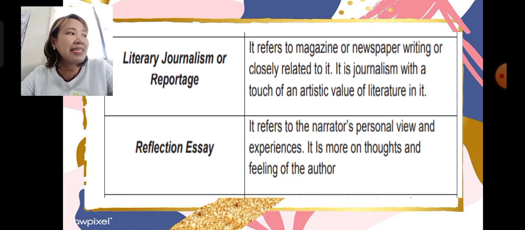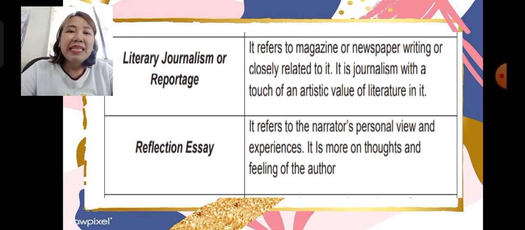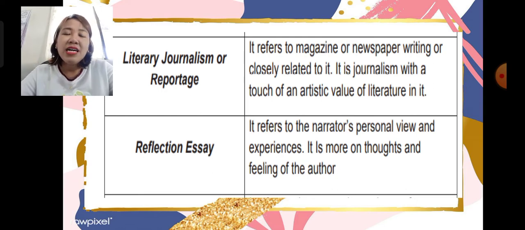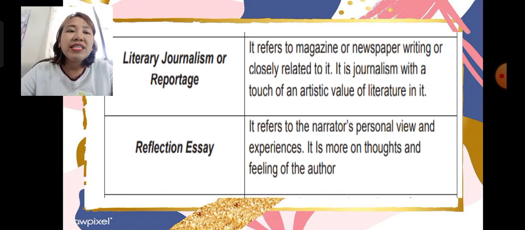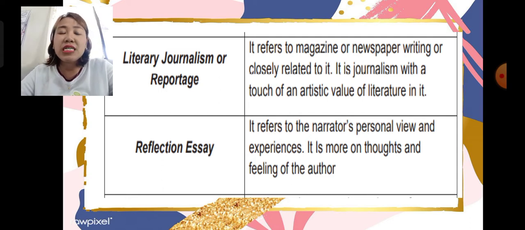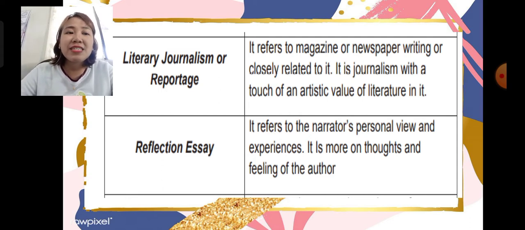So, next is literary journalism or reportage. It refers to magazine or newspaper writing or writing closely related to it. It is journalism with a touch of artistic value, of literature, in it.